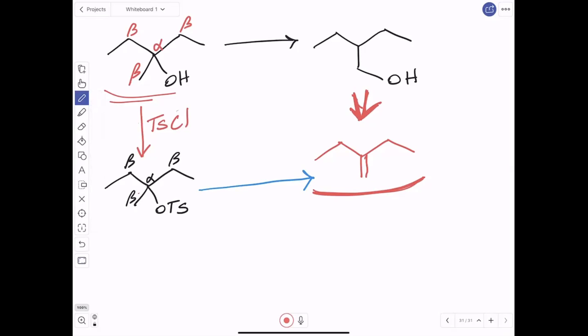What is that reagent? Tert-butoxide, a bulky base. Right, tert-butoxide. And then you can convert this alkene to alcohol: BH3 THF and then H2O2 and hydroxide. Good.